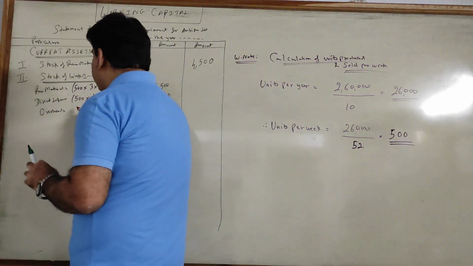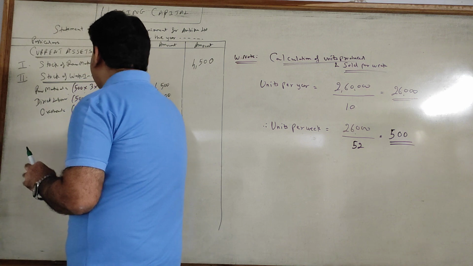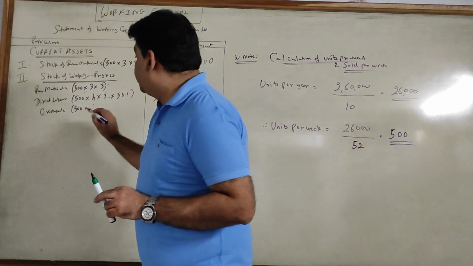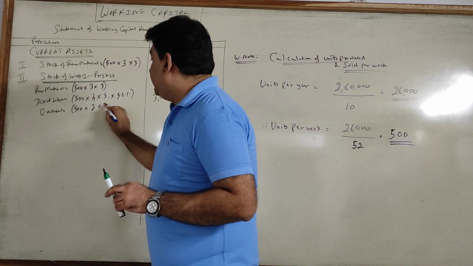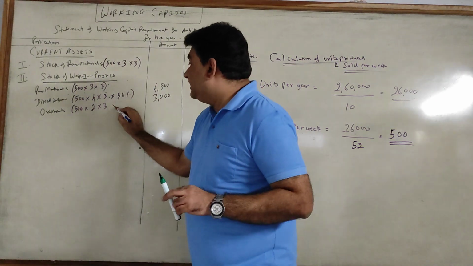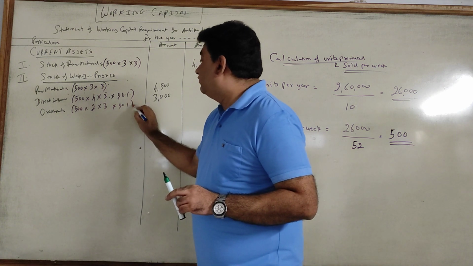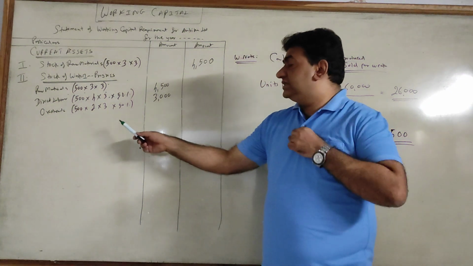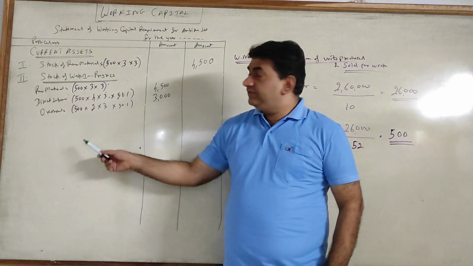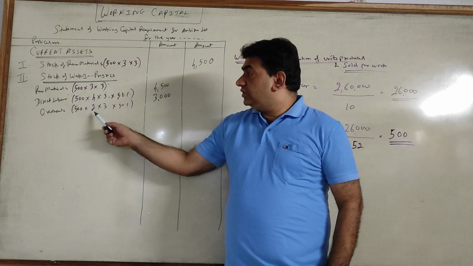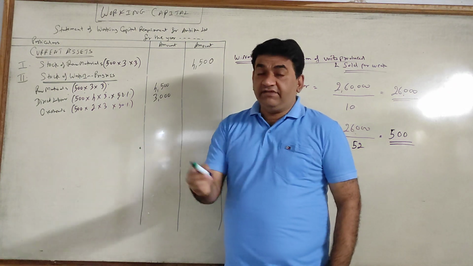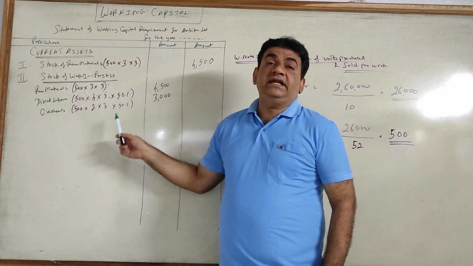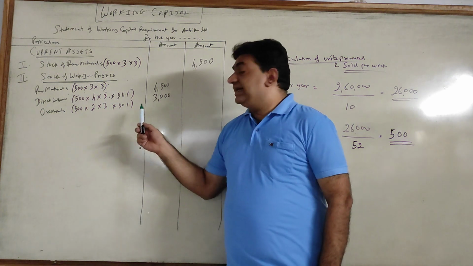Now the same thing for overheads. 500 into, see the cost of overhead is how much? 2, into 3 weeks, and again the same thing into 50%. I'll repeat, guys. Overheads: 500 units, which is common everywhere, into the cost of overheads per unit given in the question, 3 weeks, which is common for all three, raw material, WIP and finished goods, and again 50%.